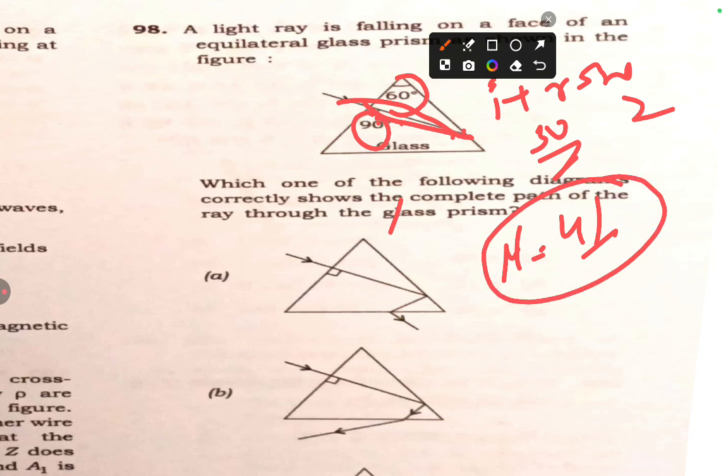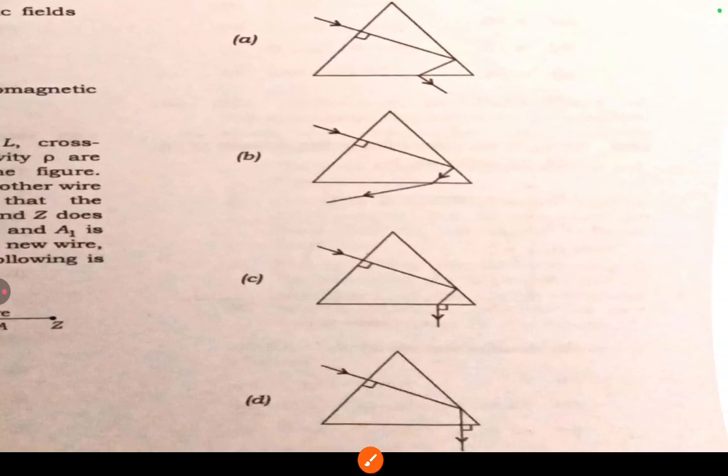But here, as we did in the practical, it should be more than 42 degrees, near about 42 degrees. So the critical angle for the prism is around 42 degrees, and the incident angle is 30. So if you go with the critical angle concept, I will go with option B. So you go with option B.